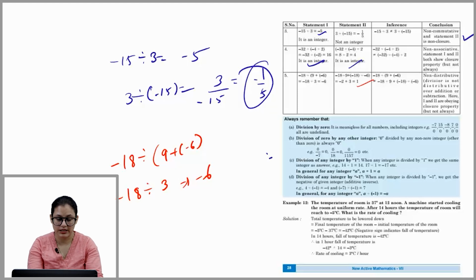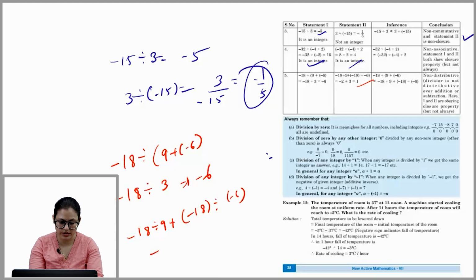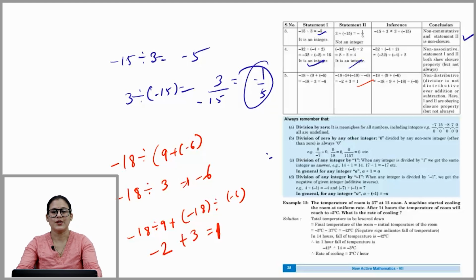And statement 2 is minus 18 divided by 9 plus minus 18 divided by minus 6. Here you will get minus 2 plus 3, so the answer is 1. What does the conclusion say? Non-distributive. Division is not distributive over addition or subtraction. Here 1 and 2 are obeying closure property, but remember, not always.